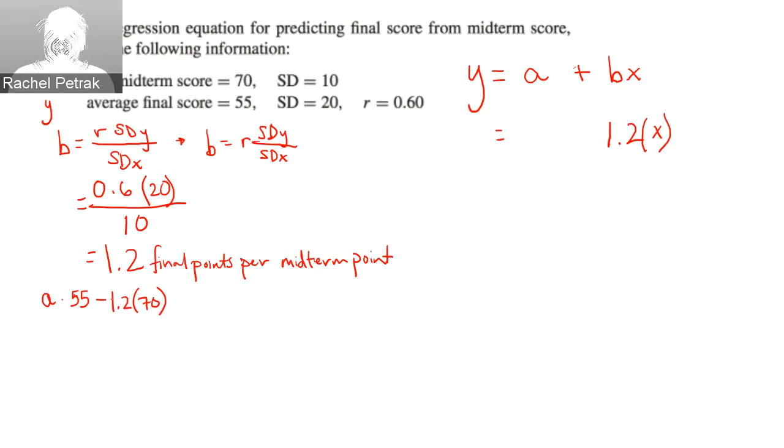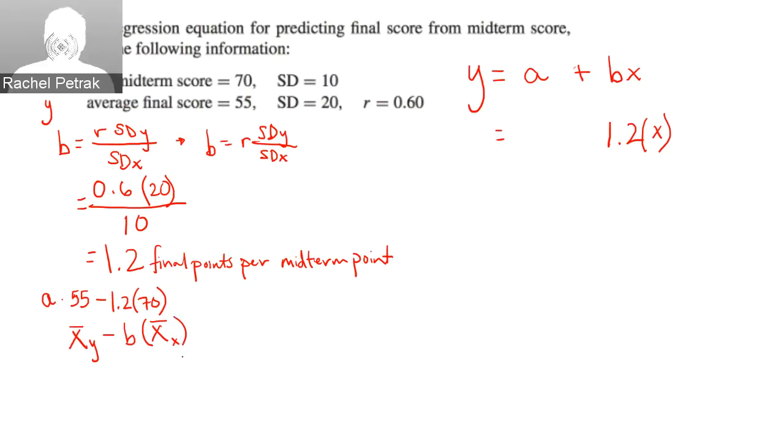Why is this a negative here? Because the average final score is, excuse me, lower than the average midterm score. And if we put this into a sort of equation model, which you don't have to, but if you find it helpful to think about it that way, this would be the mean of y minus the slope times the mean of x.